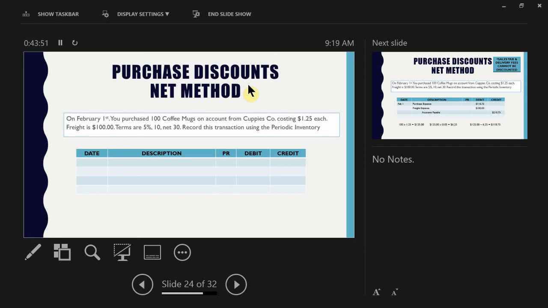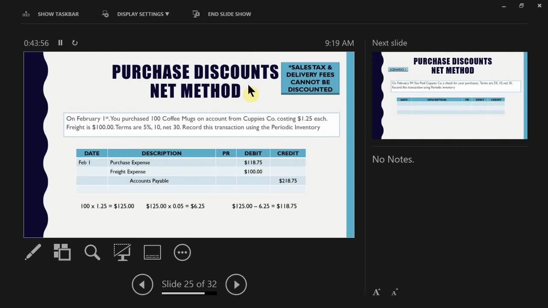Account. Yes, correct. However, this time, with that being said, because we're taking the discount now, we're going to automatically assume, and we're just going to take that discount, that 5% off of the original purchase price right then and there. So notice this. My purchase expense is now $118.75. And my freight expense, of course, we can never take a discount off of it.